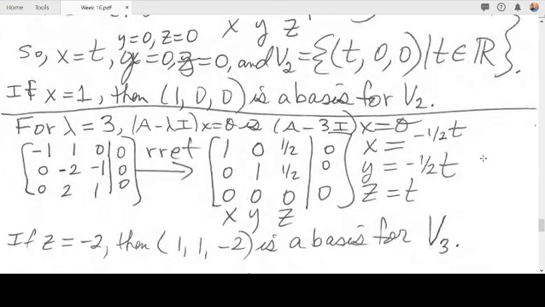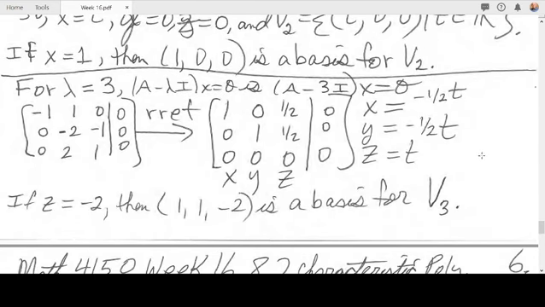For lambda equal 3, we do the same thing. Subtract 3 off the diagonal. Again, I noticed that in the row-reduced form, the third column corresponding to z is non-elementary, so that means z is the free variable or the parameter, call it t. x is negative a half t, y is negative a half t.